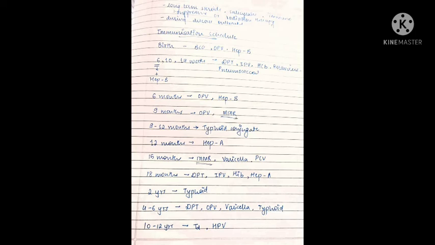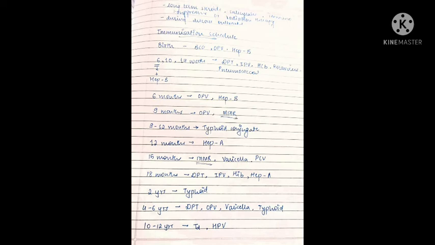The important ones would be at birth, we give BCG, OPV, and hepatitis B. At 6, 10, 14 weeks, we give DPT, IPV, and Haemophilus influenzae B. At 6 months, we give OPV and hepatitis B. At 9 months, we give OPV, MMR, and typhoid. At 15 months, we give MMR.